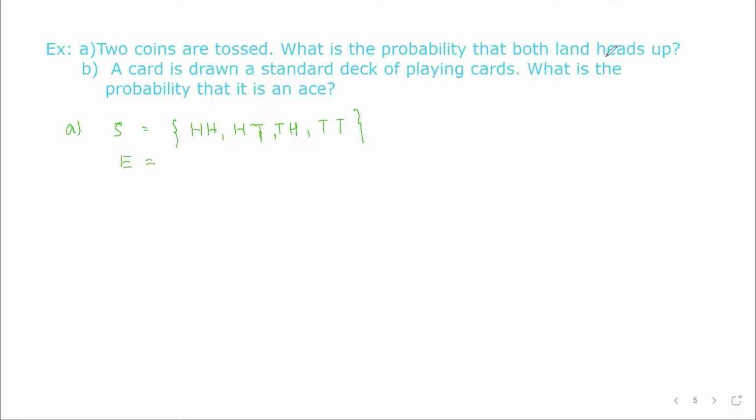And then E, the event that happens, is what? They need the coins to land heads up. So only one can happen, head and head. From this, when you use the formula, P of head, the probability of P head is going to be NE over NS.